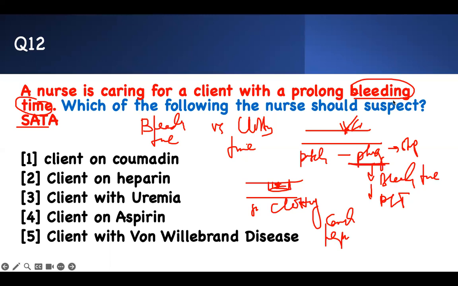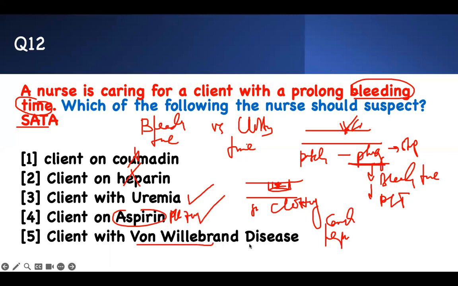Anything that affects platelets. Coumadin does not affect platelets. Heparin does not affect platelets. Uremia, yeah, renal failure, makes your platelets not function well. Your bleeding time goes up. Aspirin blocks your platelets for 7 days, so bleeding time is increased.